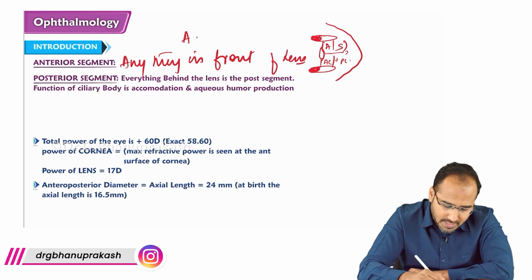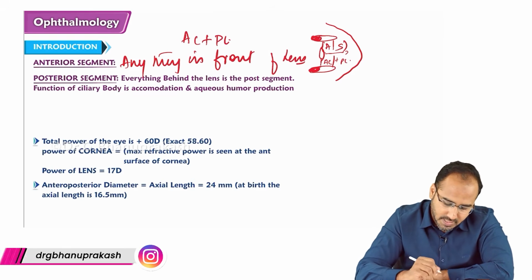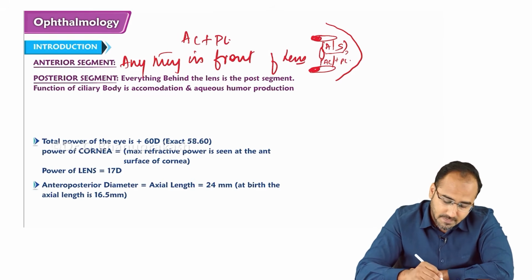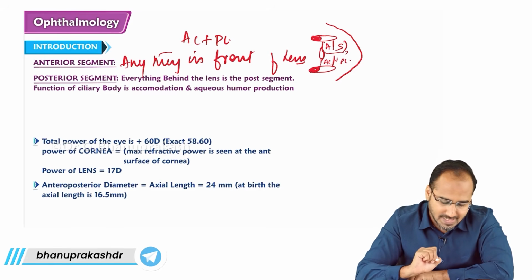That is anterior chamber plus posterior chamber. Whereas what is the posterior segment? Anything that is behind the lens is called the posterior segment.